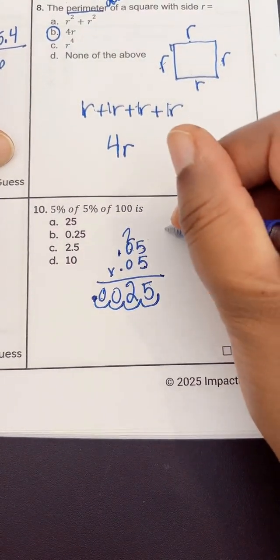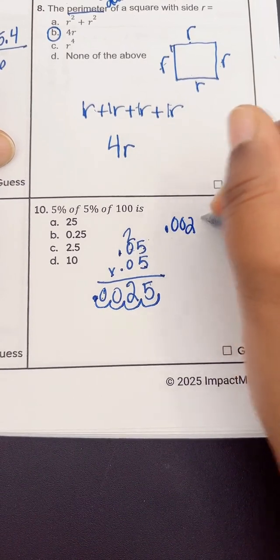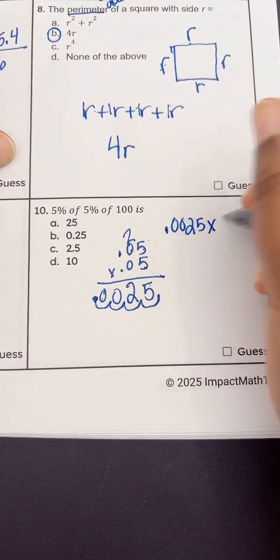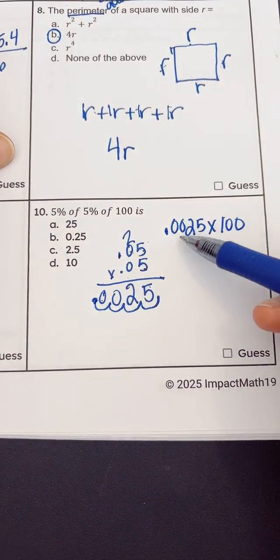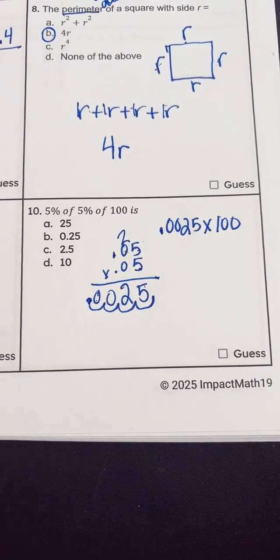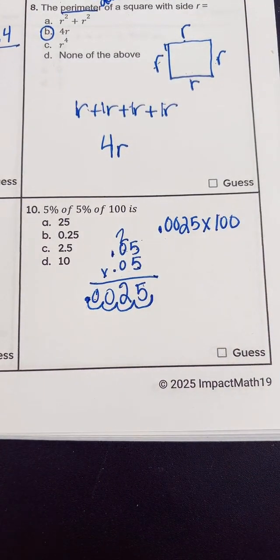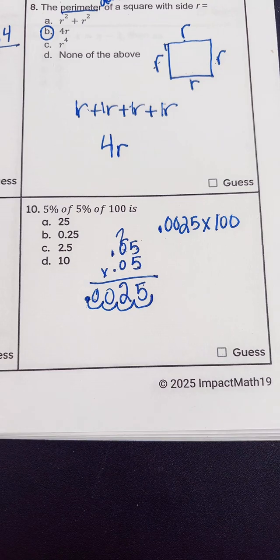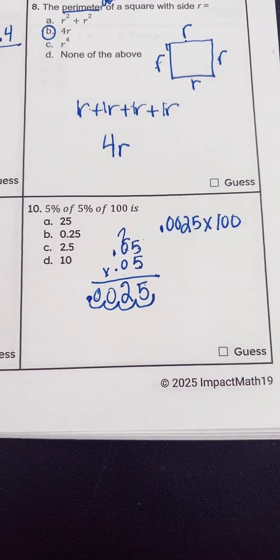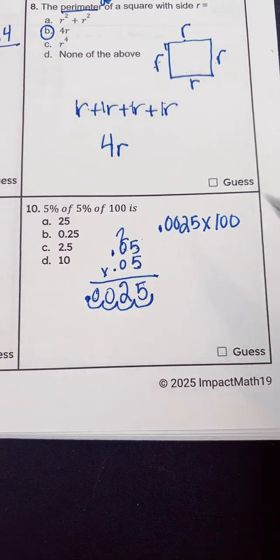Now we're going to times this times 100. What happens when we times a decimal by 100? Which way do we go? Good. Yes. Drop top. Right. Yes, we got to go right. Good, you guys.